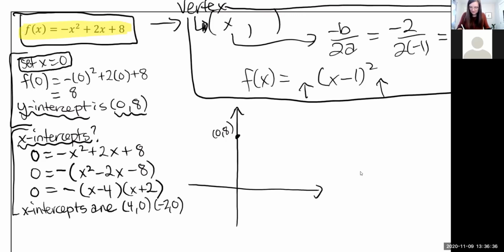So at 1, 2, 3, so this is 1, 2, 6, 7. Didn't quite count that right, did I? Let's just pretend that we have (4, 0) here, and (-2, 0) here.